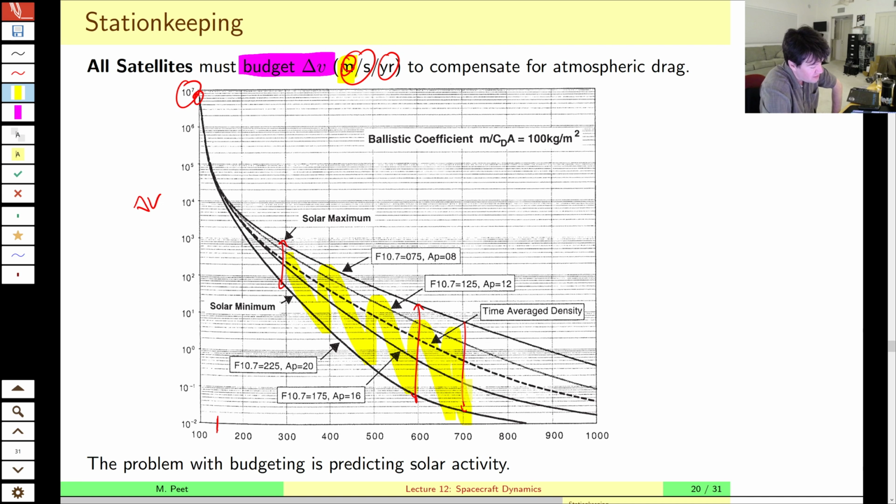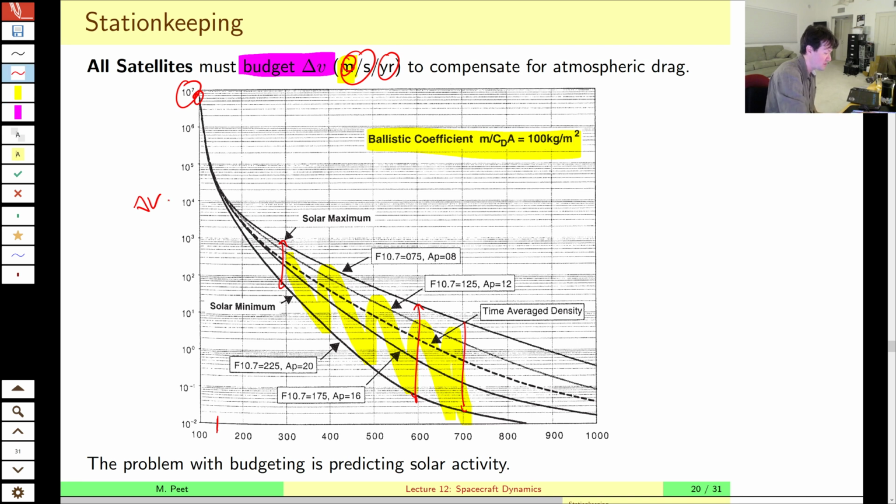So what we've got here is normalized for ballistic coefficient, first of all. It's, fortunately, in SI units. And it's actually for a ballistic coefficient of 100. So if you have a ballistic coefficient of, say, 200, you have to multiply this number by 2.